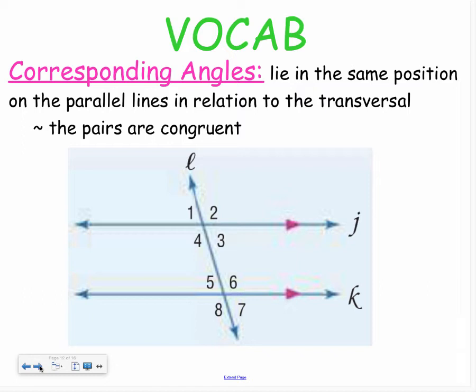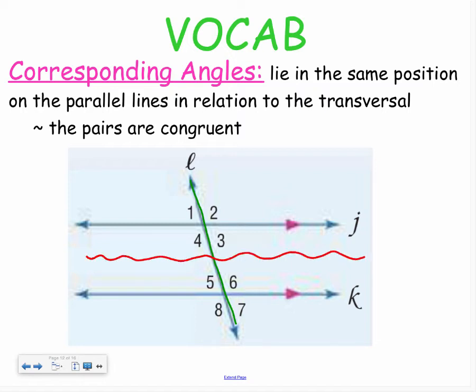Corresponding angles. Those are the same position on the parallel lines in relation to the transversal. So our transversal is through the middle of the parallel lines, and we are looking at the 2 separate groups of angles.